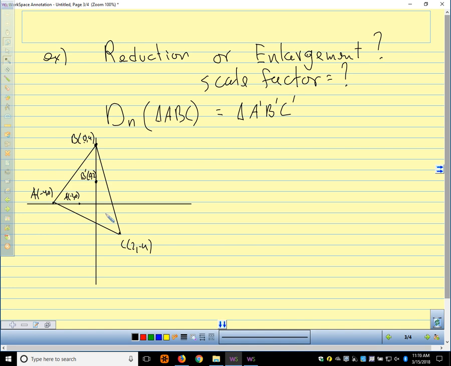It's got to be a reduction. And C prime is negative 1, negative 2. So there's my new triangle. Negative 2, 0. It got kind of crowded there.